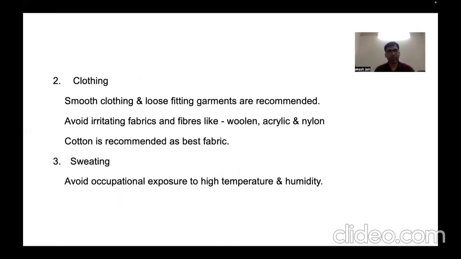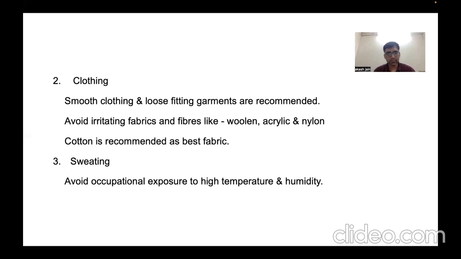Second is clothing, that means smooth cotton clothing and loose fitting garments are recommended. Avoid irritating fabrics and fibers like woolen, acrylic, nylon, and cotton is recommended as the best fabric in such patients. Next is sweating.